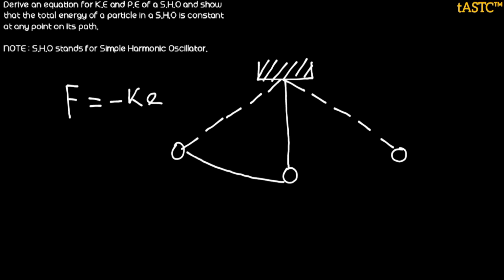As it goes in this path and also returns, there is a greater force that tends to bring it back to this position, which is the equilibrium position. So there is always a force that tends to bring the ball, the mass or the particle, back to the equilibrium position, and that force is given as negative Ke. You just need to know that.